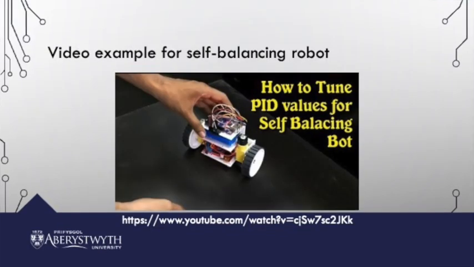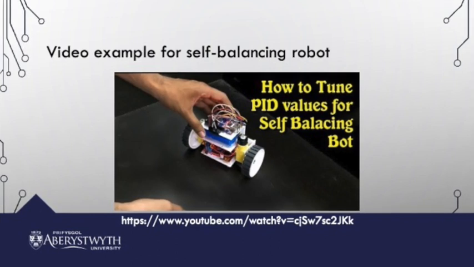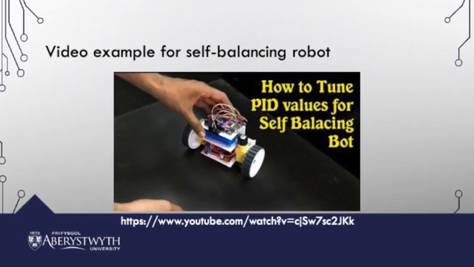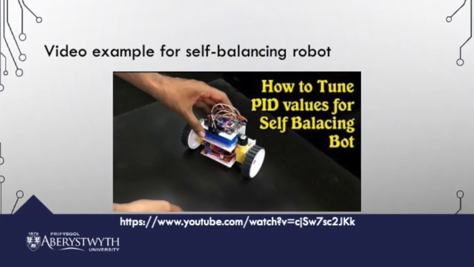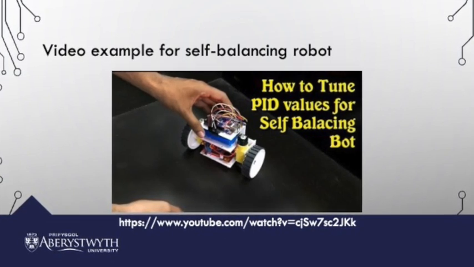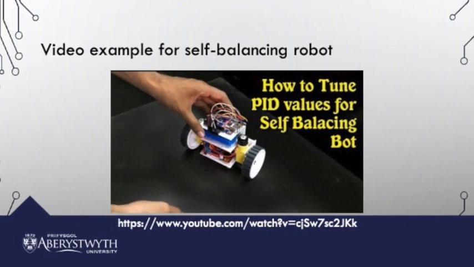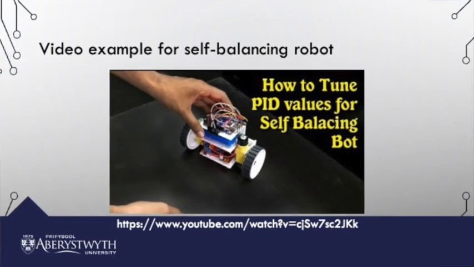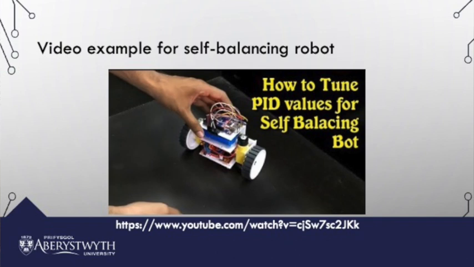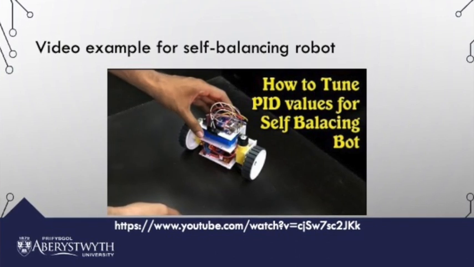Now, to perhaps explain what this really looks like on the robot a bit better, there is quite a good example that somebody else has recorded already of a self-balancing robot using a PID controller to balance on two wheels.